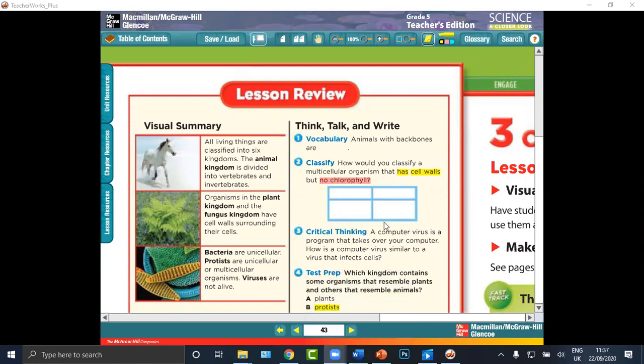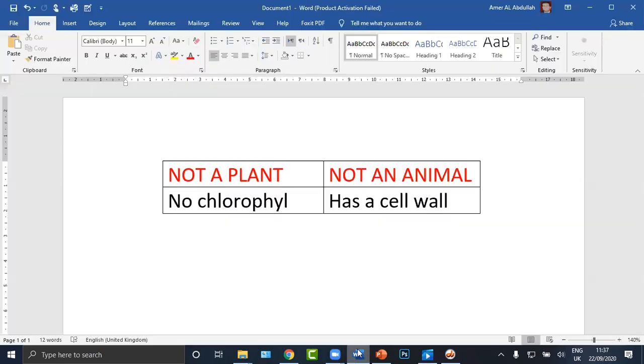In this rectangle you can put: not a plant, no chlorophyll, not an animal, has a cell wall. Okay, we write it now. Not a plant, no chlorophyll. Not an animal, has a cell wall. This is answer number 2.